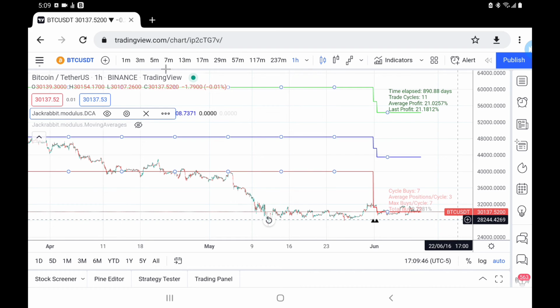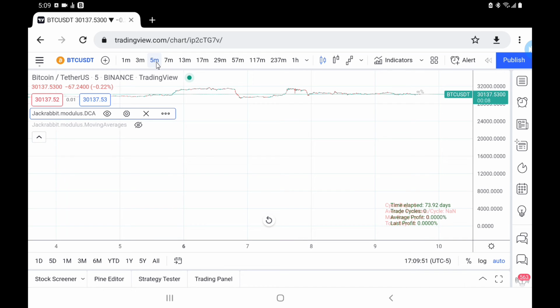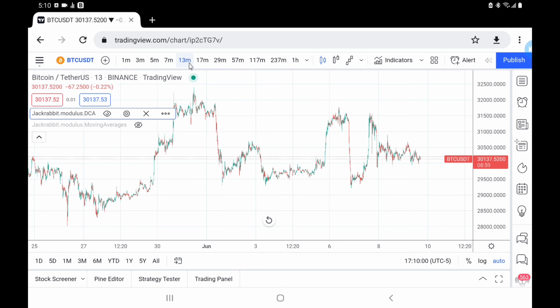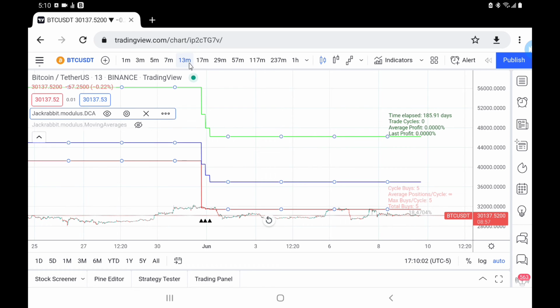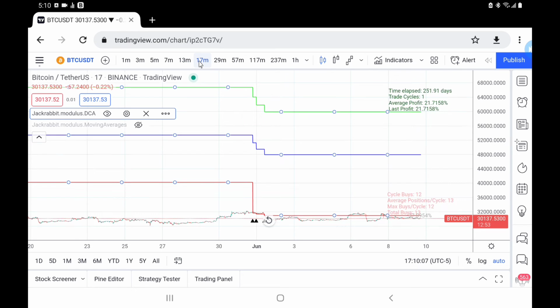Now, if you want a shorter time frame, dollar cost averaging does well there too. You would just need to make changes appropriate to your risk and your budget. Because as you can see, a 20% profit is difficult. It's not up until the 20 to 30 minute range that you start seeing 20% in one single point.